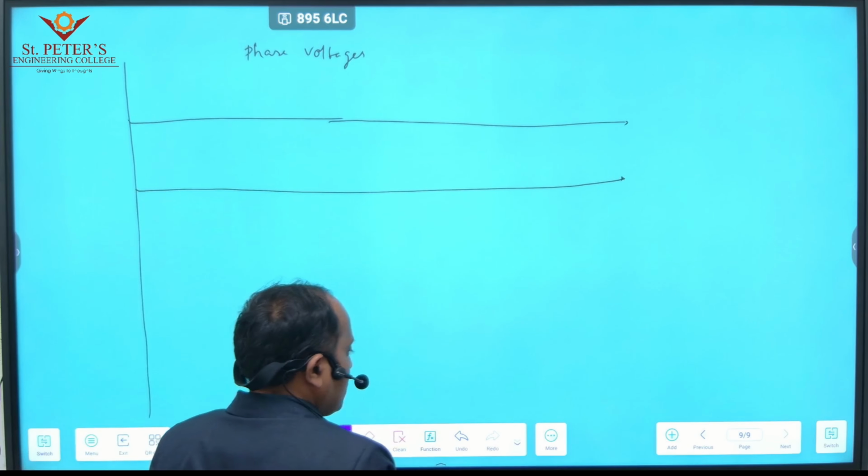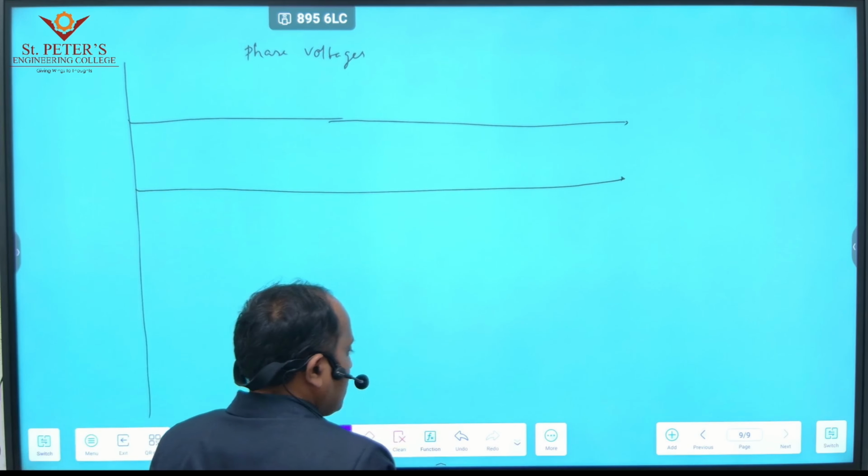Then go one by one. Say that we have a total of 6 time intervals. For each time interval, from 0 to 60 degrees, what is conducting? For phase A, T1 is conducting, phase B, T6, and phase C, T5. From 60 to 120, phase A T1, phase B T6, and phase C T2.